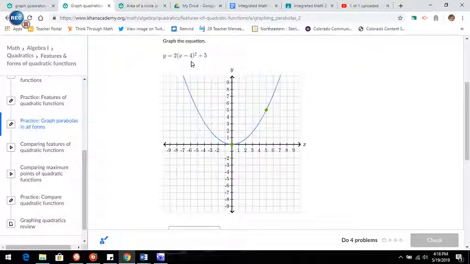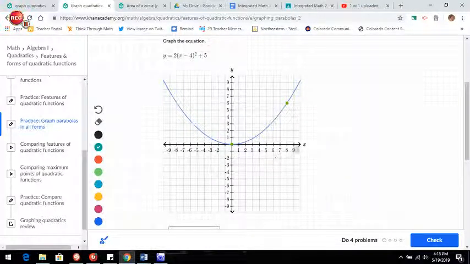This is going to be shifted 4 to the right and 5 up. So I'm going to go ahead and do that. Or actually, you know what? I'm going to show you what this looks like if it weren't shifted at all. If it was just y equals x squared, it would look like this.